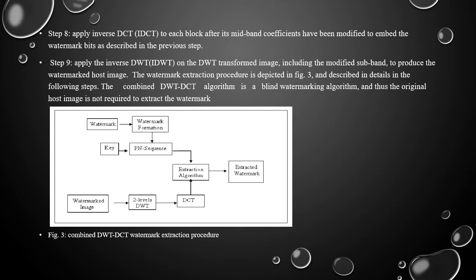This is the algorithm for the DWT DCT watermark extraction procedure. This is the reverse of the DWT DCT combined watermark procedure. From this we can see how to extract the watermark.